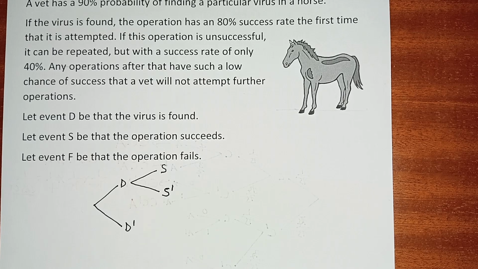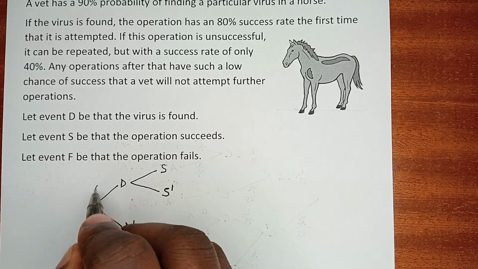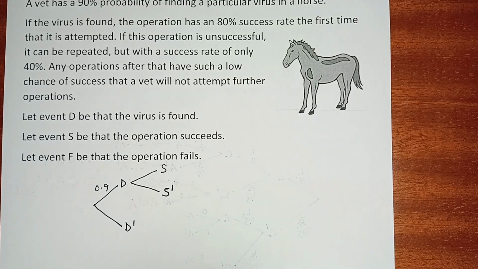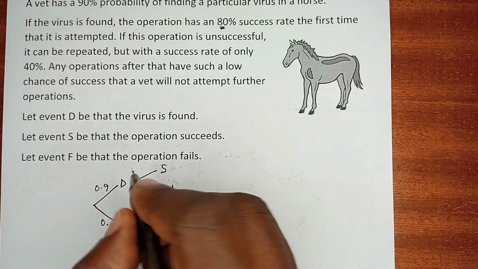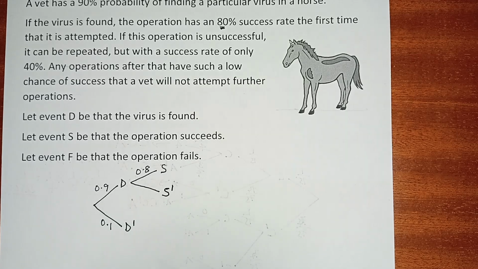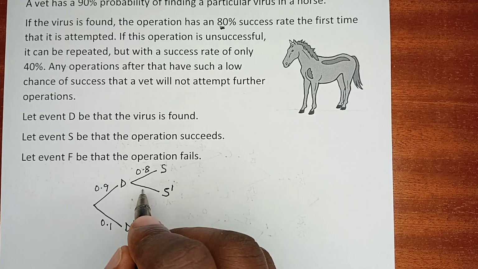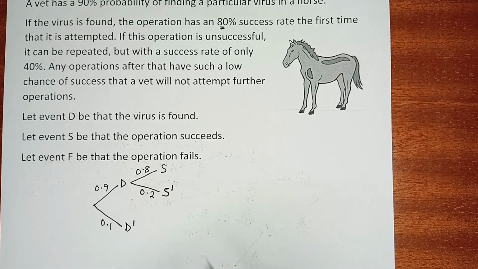The probability of detecting a virus is 90%, which is 0.9. The probability of not detecting a virus is therefore 10%, or 0.1. If the virus is detected, the probability of operating the horse successively is 80%, that means 0.8. The probability of operating the horse without success is, of course, 20%, which is 0.2.